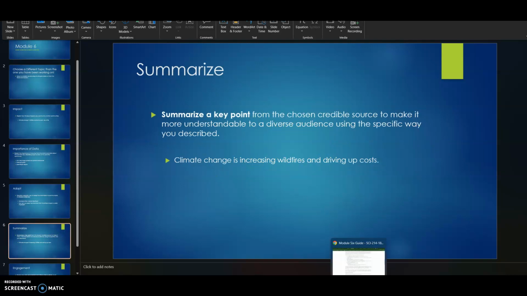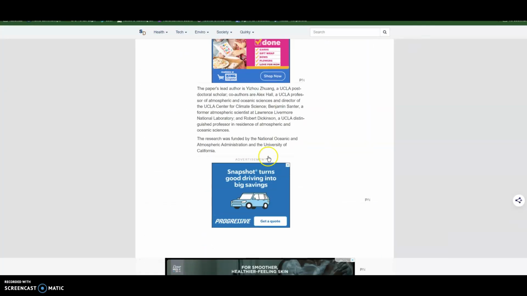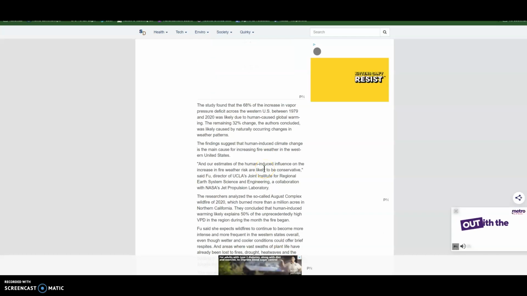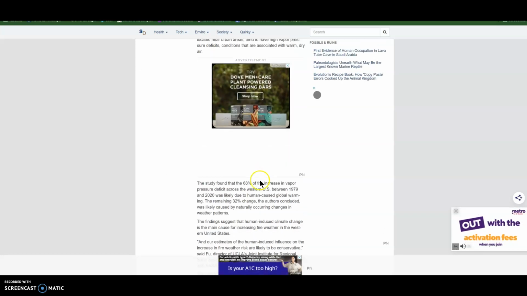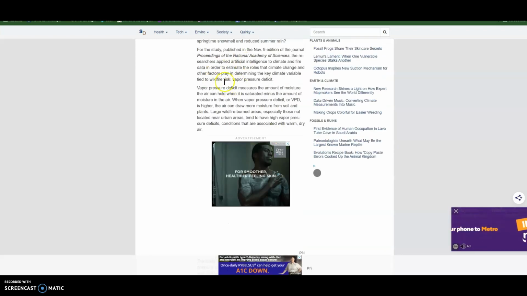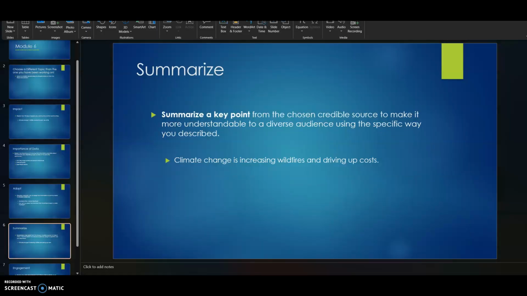So in my article about climate change and wildfires, there's a point being made about how it's increasing the fire weather. It's summarized in here. But one of the key points is that climate change is increasing wildfires and driving up costs.